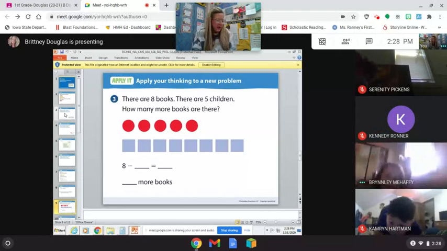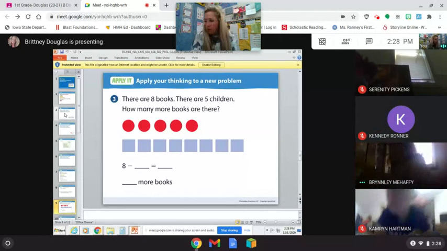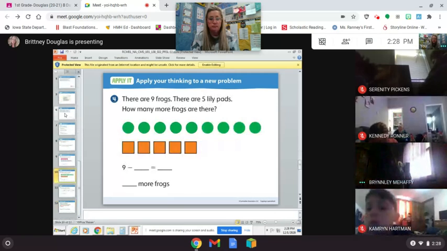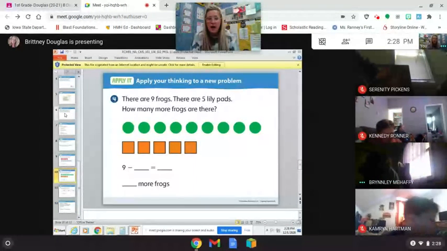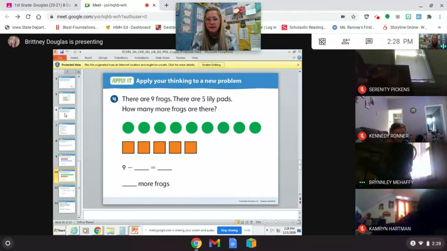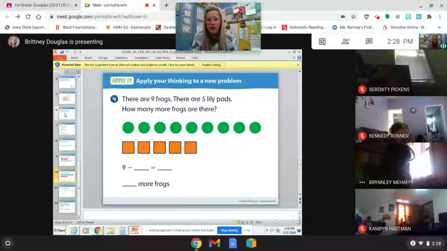Going to page 172 at the top, number 4. It says there are 9 frogs and there are 5 lily pads. How many more frogs are there? So there are more frogs than lily pads.